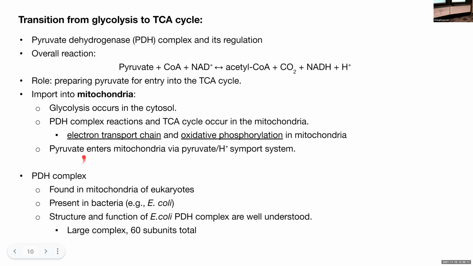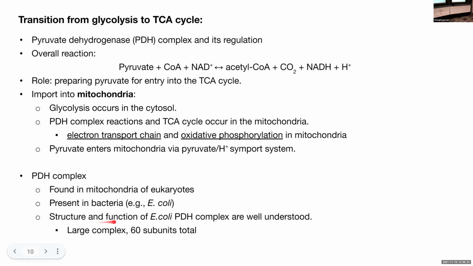So this pyruvate enters the mitochondria using this pyruvate hydrogen cation import system. And this PDH, or pyruvate dehydrogenase complex, is found in mitochondria of eukaryotes, as well as in some prokaryotes too. So in some bacteria like E. coli too.